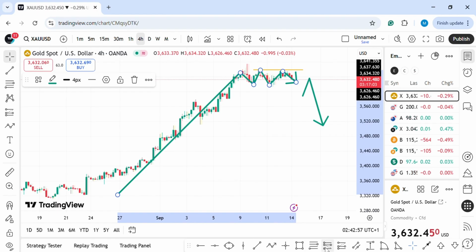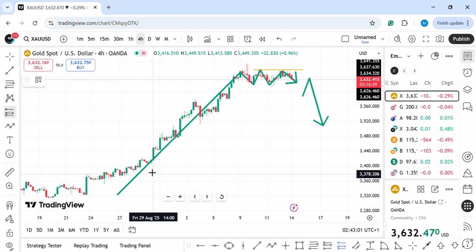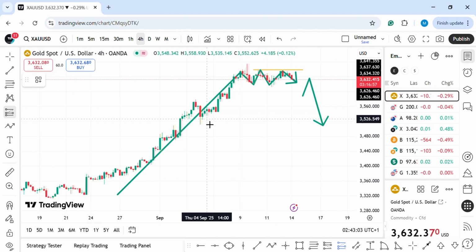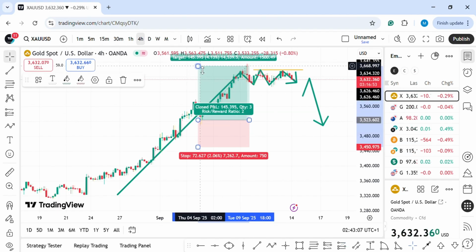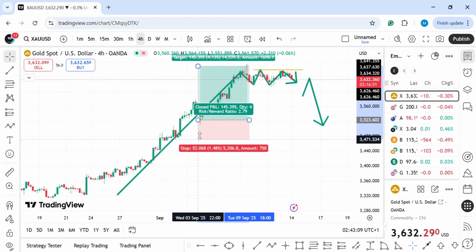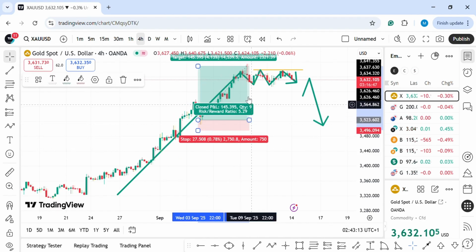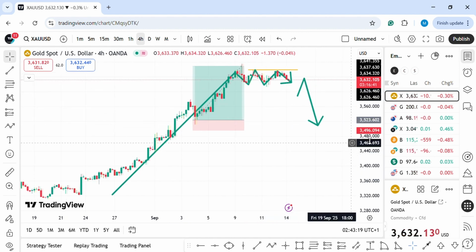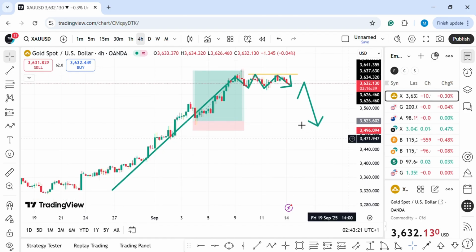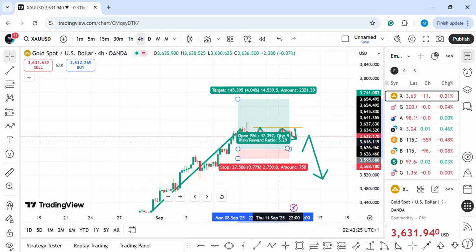Let's say you are on this trade, you entered from this point and it went to the upside, and your stop loss is here. The best thing you should do is to adjust your stop loss, you do something like this, you break even to this point.